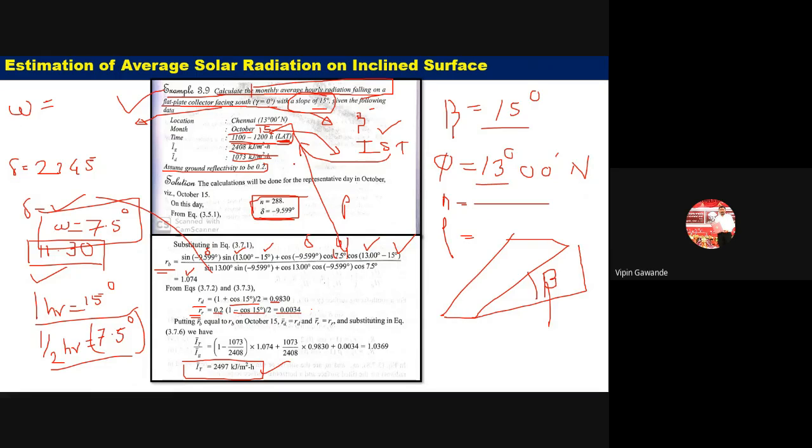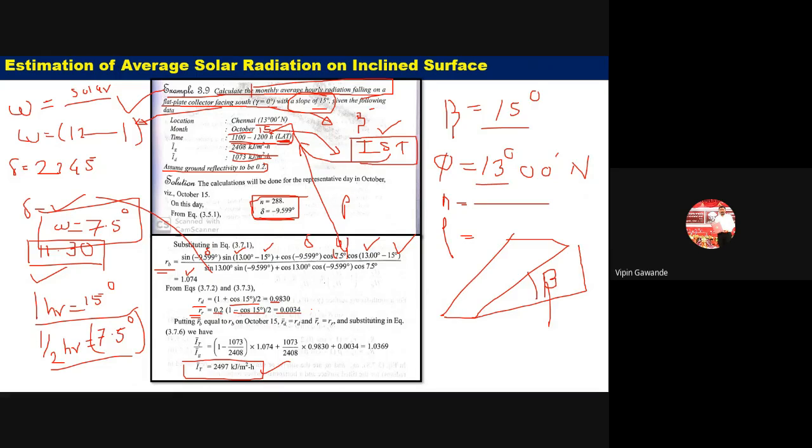If, instead of the local apparent time, IST is given, then you have to first convert it into solar time, and then use the W formula, that is 12 minus solar time, to calculate this value.